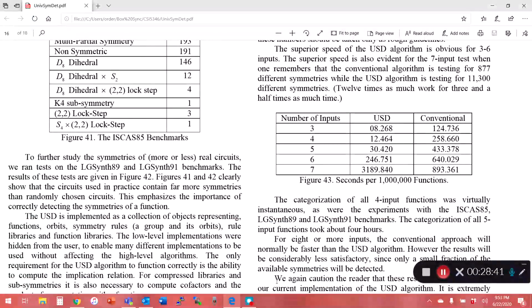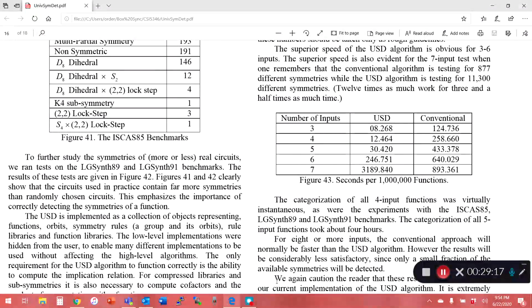And here is the number of seconds to detect all symmetries in 1 million functions, obviously generated at random. It's very, very fast. Of course, I stopped at 7 because when we go to 8, it slows down considerably. We have conventional symmetry.